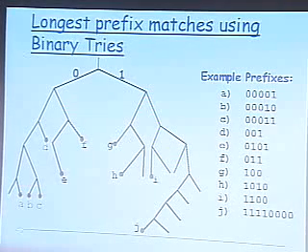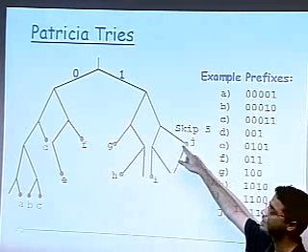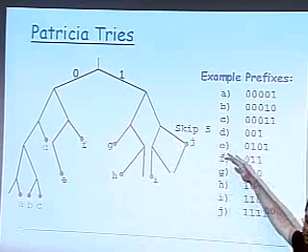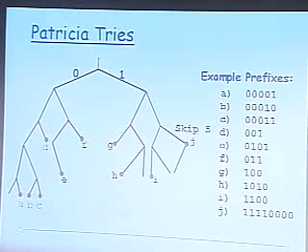So you can collapse this tree and have a much more compact data structure which will require a lot fewer memory accesses. So when you reach this point, instead of looking at the next bit, you skip 5 bits and see if the 5th bit after that is 0 or not, and that will give you the most specific or the longest matching prefix.